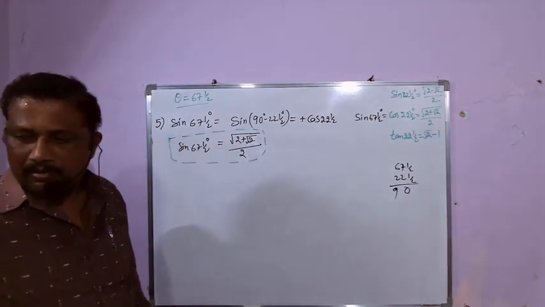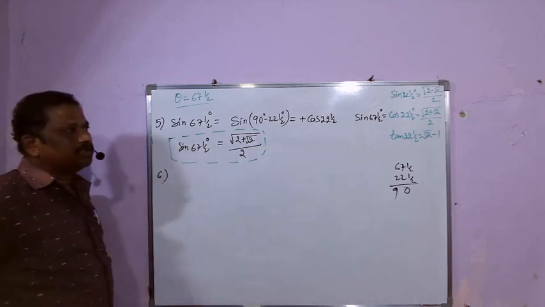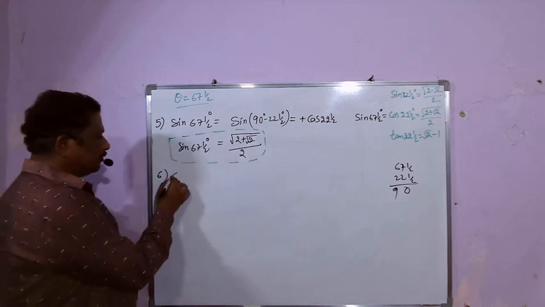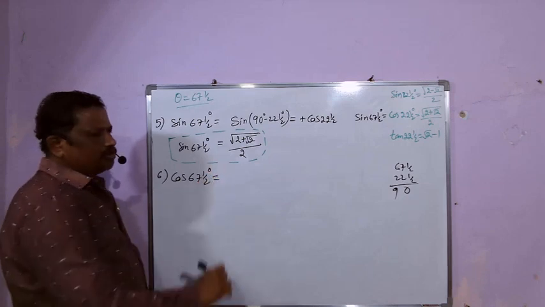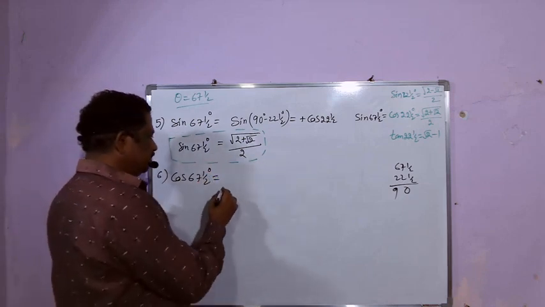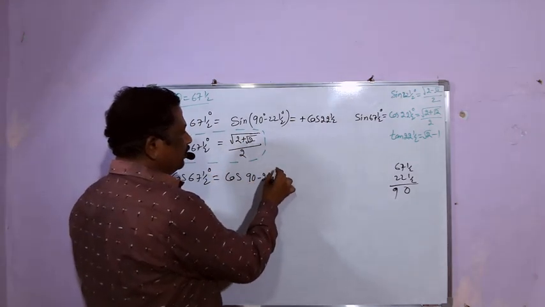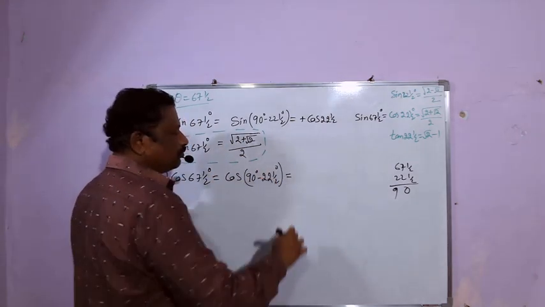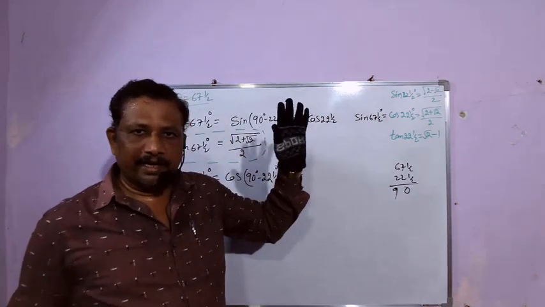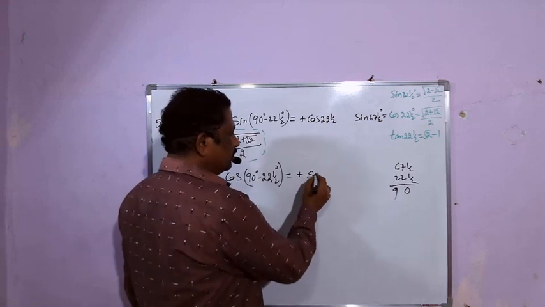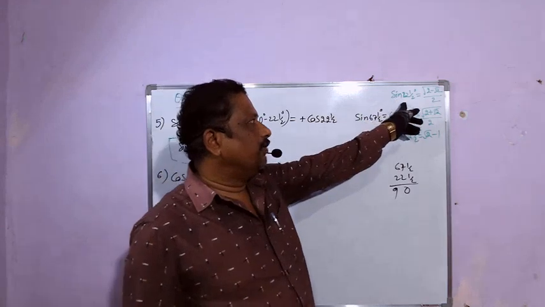Next, cos 67.5 degrees. This also we can write as cos of 90 minus theta, cos of 90 minus 22.5 degrees. So this also falls in the first quadrant. It is operating on the y-axis. Cos will become sine 22.5 degrees. Here sine 22.5 degrees, what value does it give?